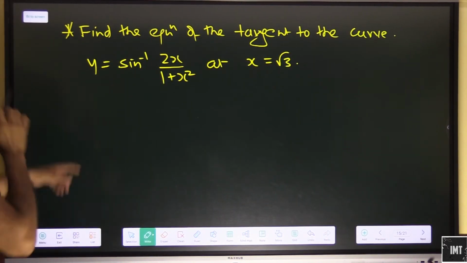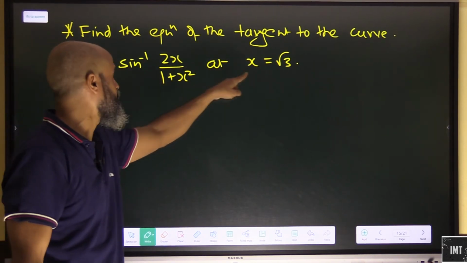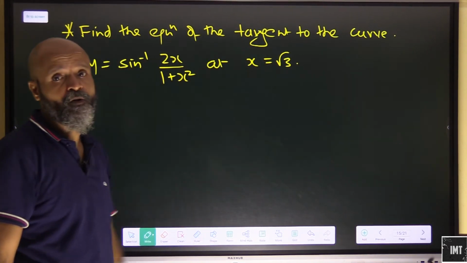Find the equation of the tangent to the curve y is equal to sine inverse of 2x upon 1 plus x squared, at x is equal to under root of 3.